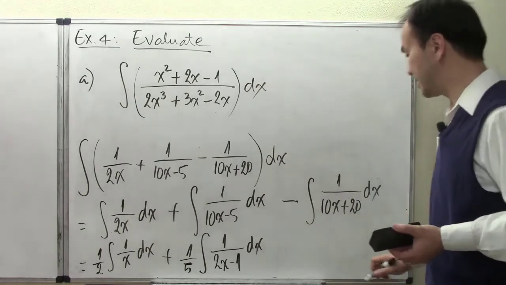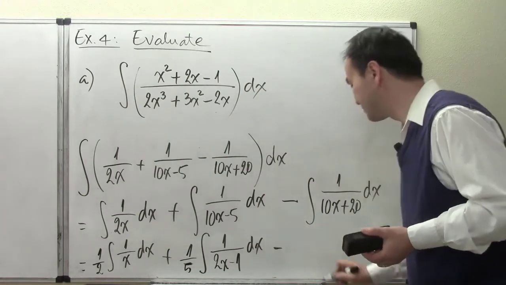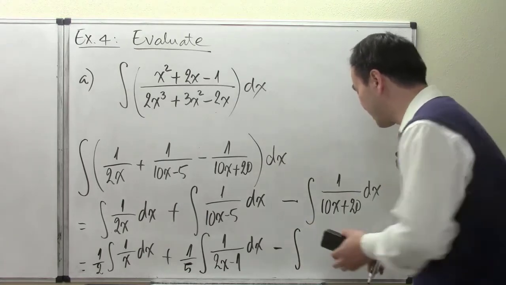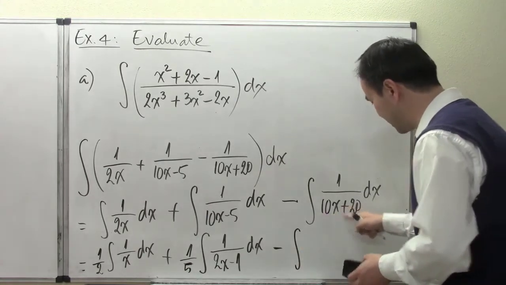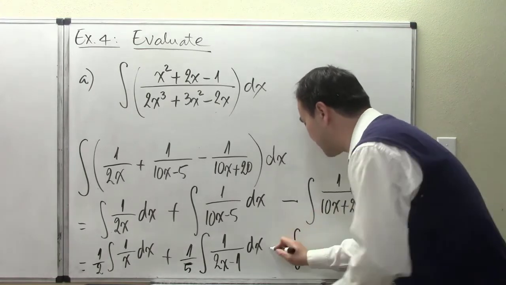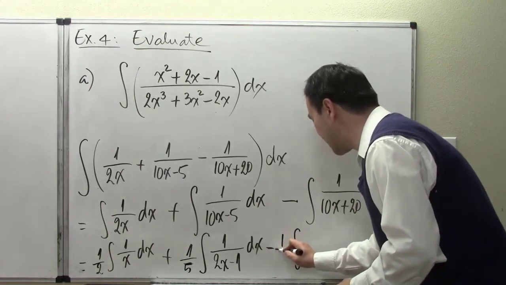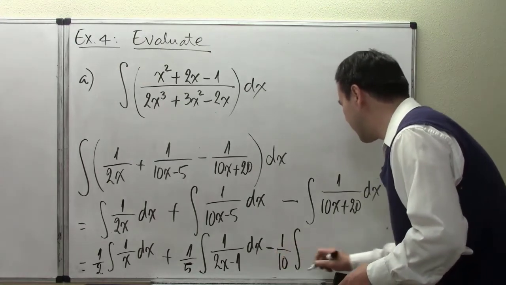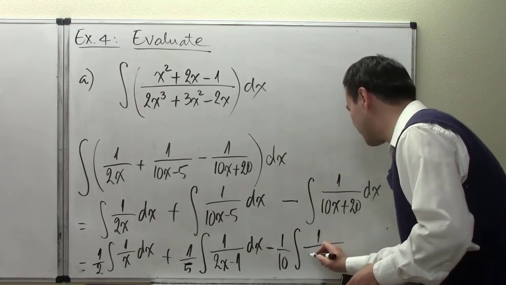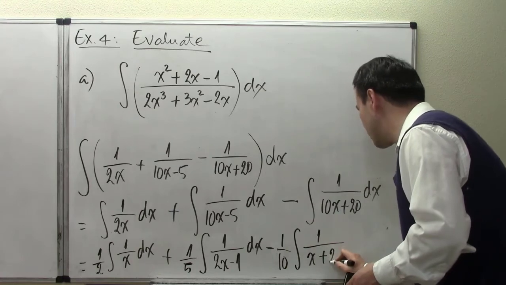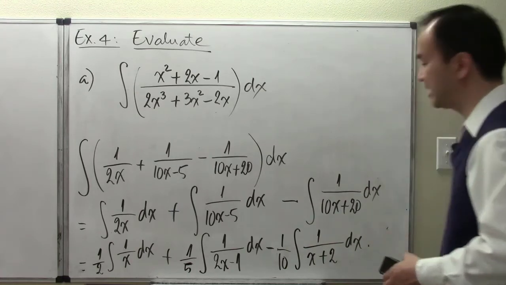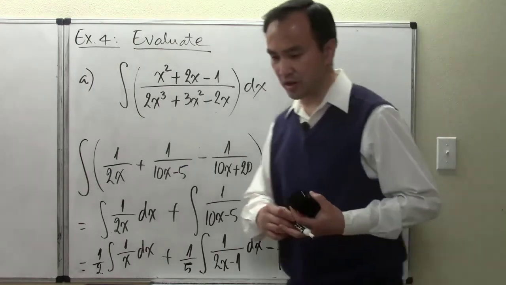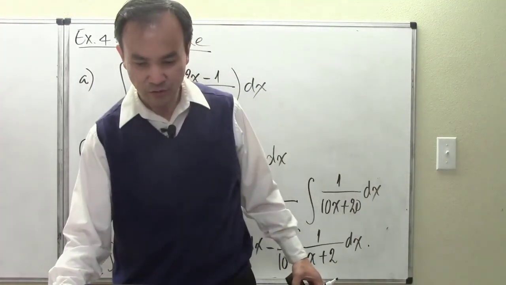And with this right here, I can see that I have a common factor being 10, so I can pull that out front, so it becomes a minus 1/10 of the integral, and then I have 1 over x plus 2 dx. Okay, and so now in the next step, of course, we are ready for the 3 terms right there.